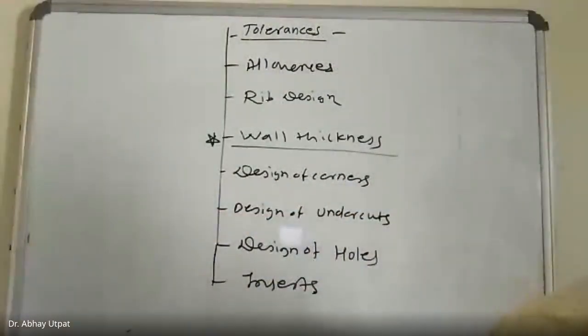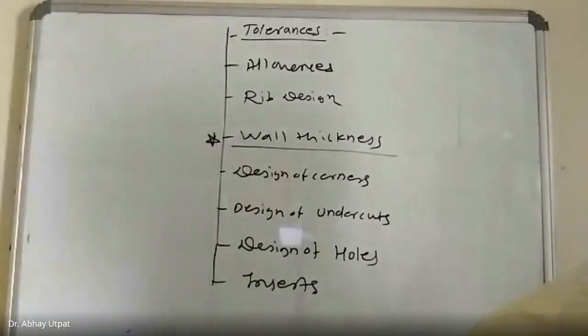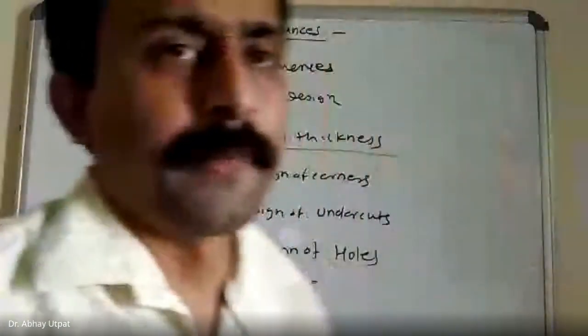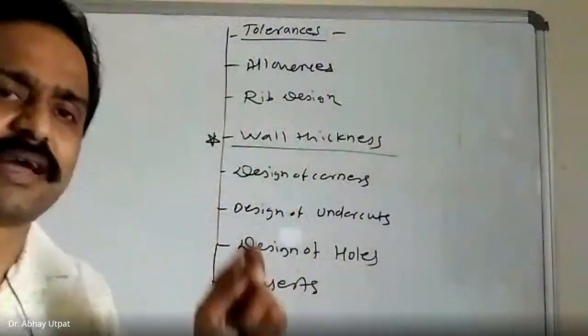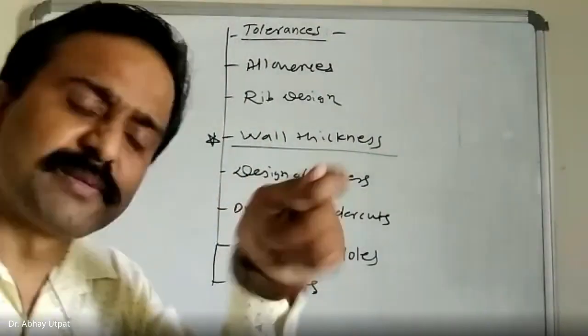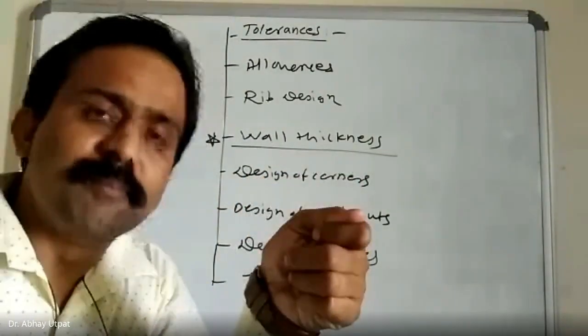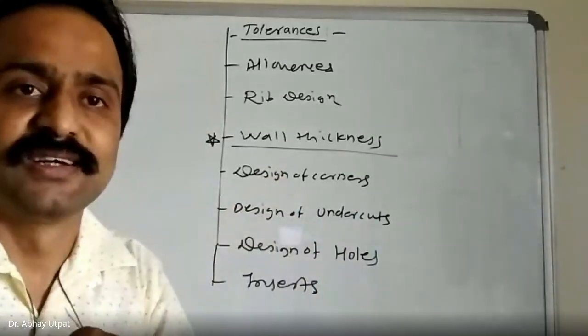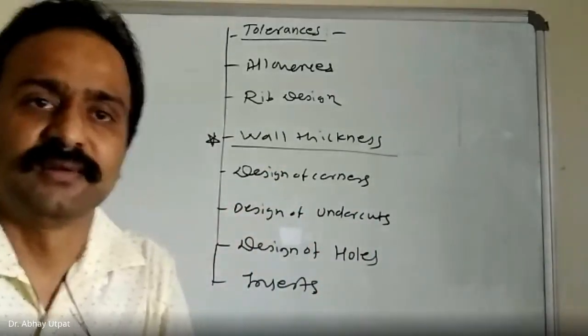In case of your pattern, the undercuts are different. Here undercut means an area which is difficult to remove outside, where some extended parts are there, and plastic is flexible. Metal you can't bend and take out, but plastic you can bend and take out. That is the beauty of the plastic part. Remember.